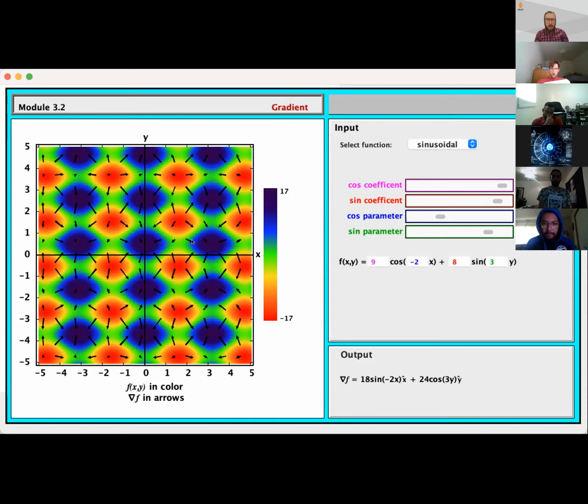And then what is the blue part? Can you see what direction the arrows are pointed in this blue area? Yeah, they're all pointed in on themselves. Yeah, so in the blue area, the arrows are all pointed into the blue, and on the red area, the arrows are all pointed away from it.